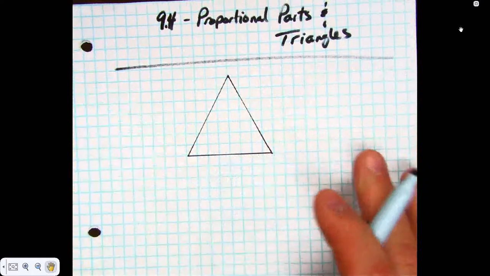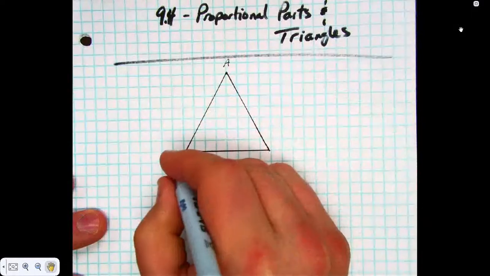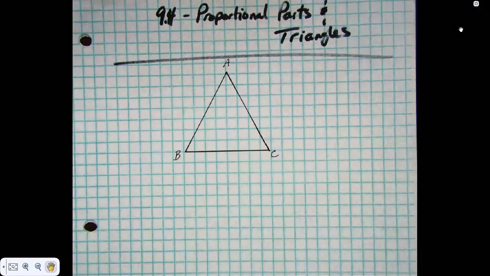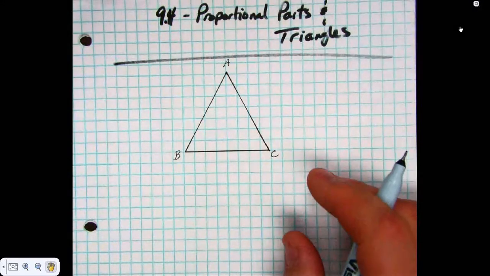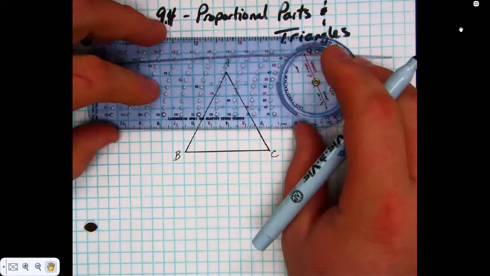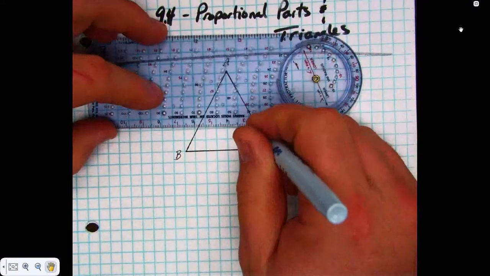Okay? Let's call it triangle ABC. Now, if I draw a side parallel to this side right here, which would obviously be on one of these grid lines, wouldn't it?